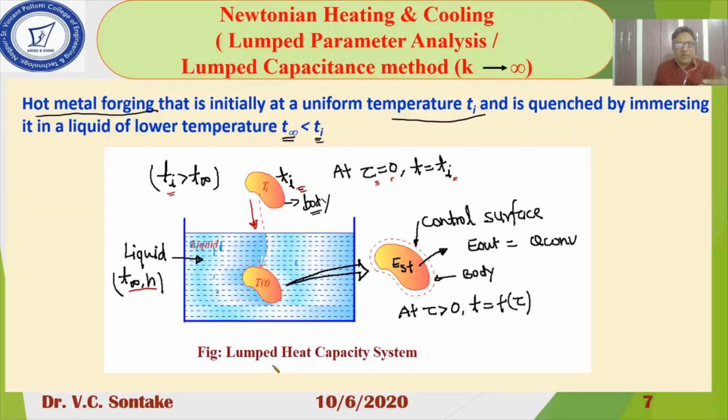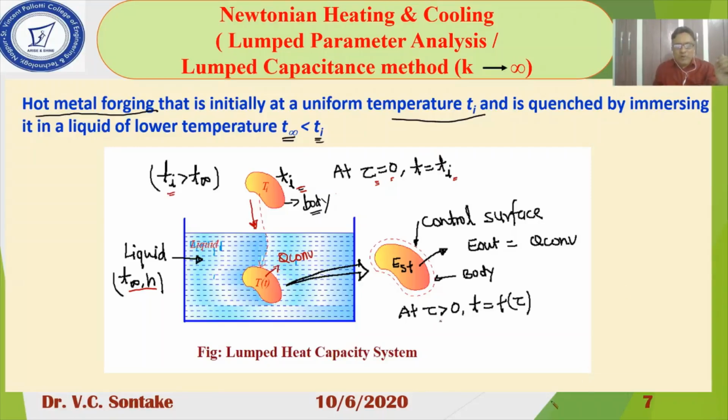There exists a temperature difference between these two. So heat will start flowing out of this body, and that will be by convection, obviously, because the surface is exposed to the liquid. The temperature of this body will continuously vary, or in mathematical terms, once the body is immersed into this cold liquid, its temperature will be a function of time.